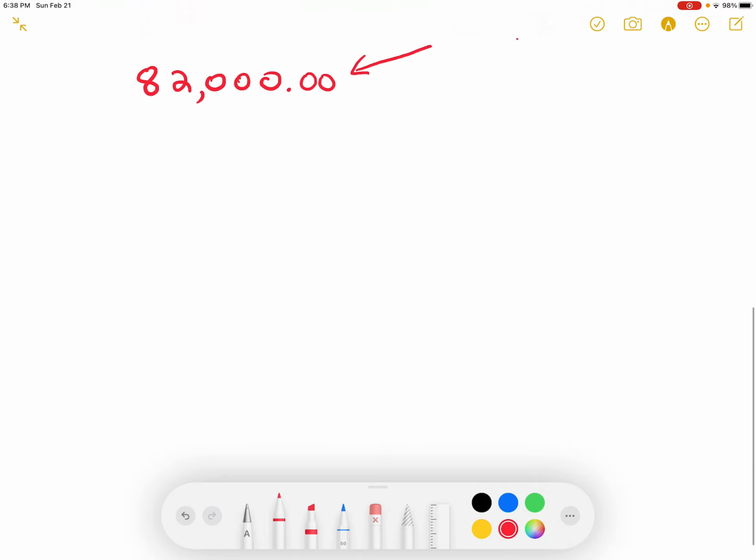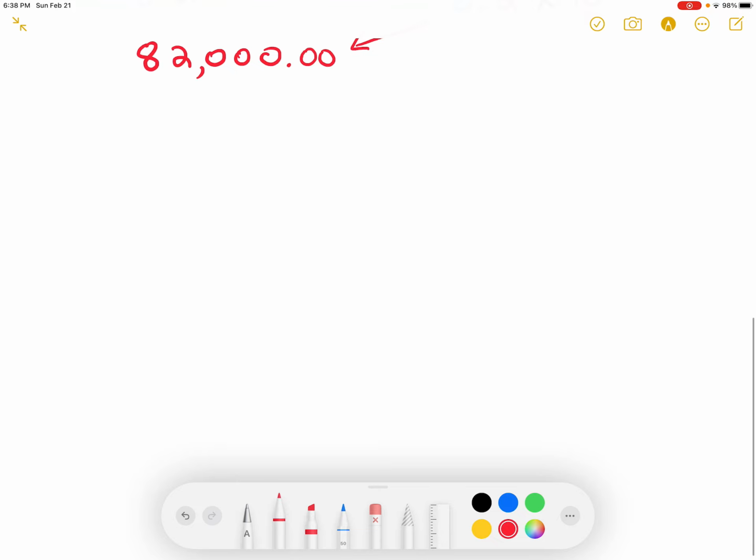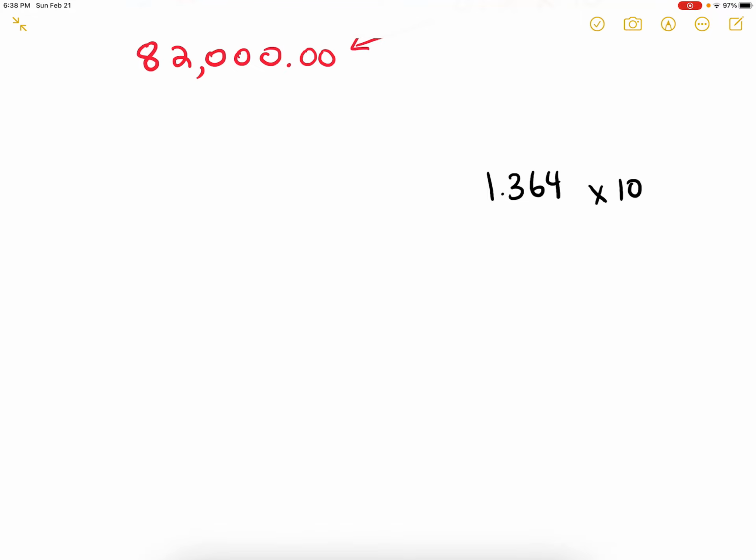Let's try another number. Oh, no, sorry. Let's try 1.364 times 10 to the third power.